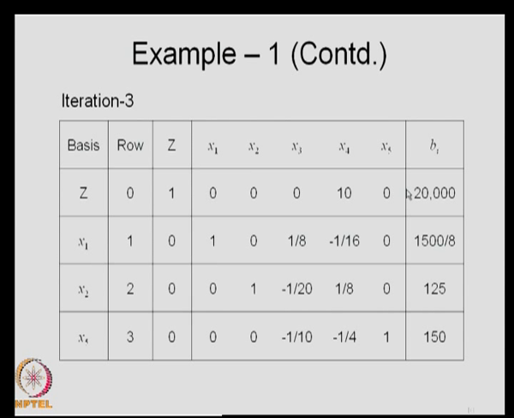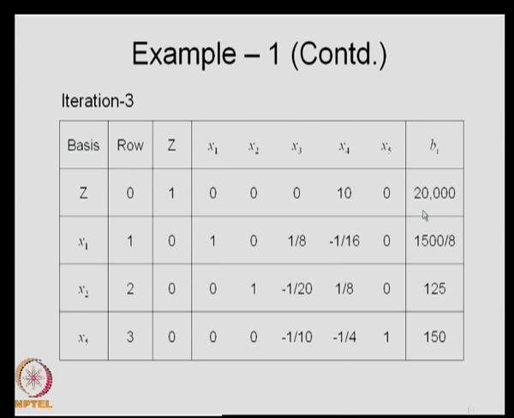Then you will get the solution as z is equal to 20,000, x1 is equal to 1500 by 8, x2 is equal to 125, x5 is equal to 150, and the currently non-basic variables x3 is equal to 0 and x4 is equal to 0.